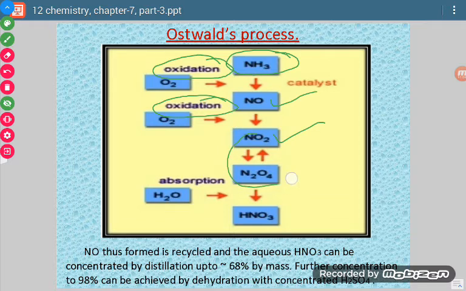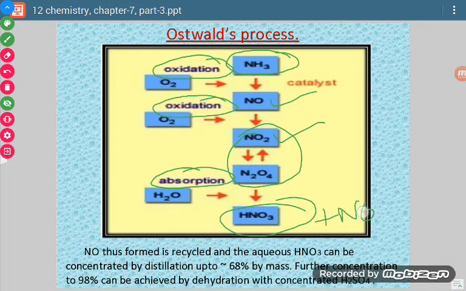It exists as a dimer in the form of this. Now after absorption in water, there is formation of nitric acid, and along with this there is formation of NO also.